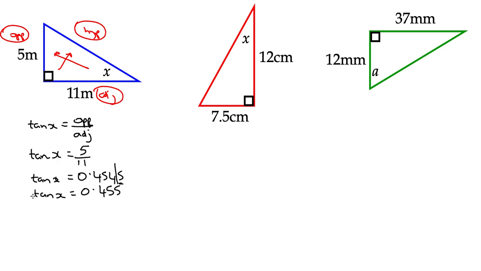I need to undo the tan function, so the inverse of tan x is called inverse tan, tan to the power -1 of 0.455.